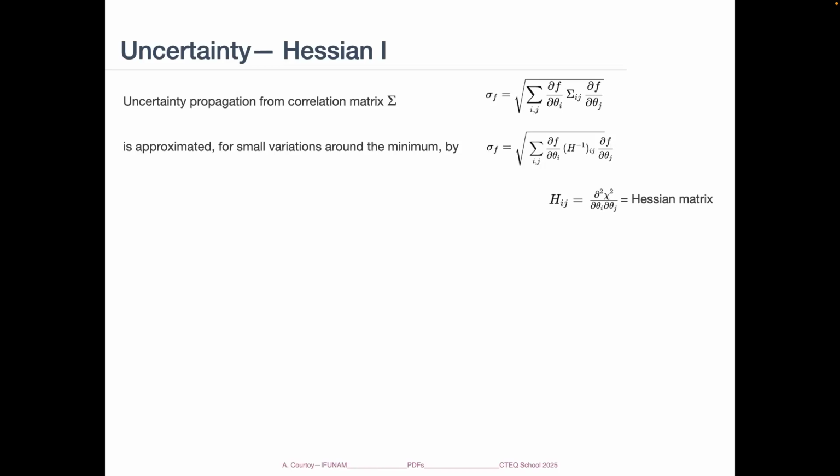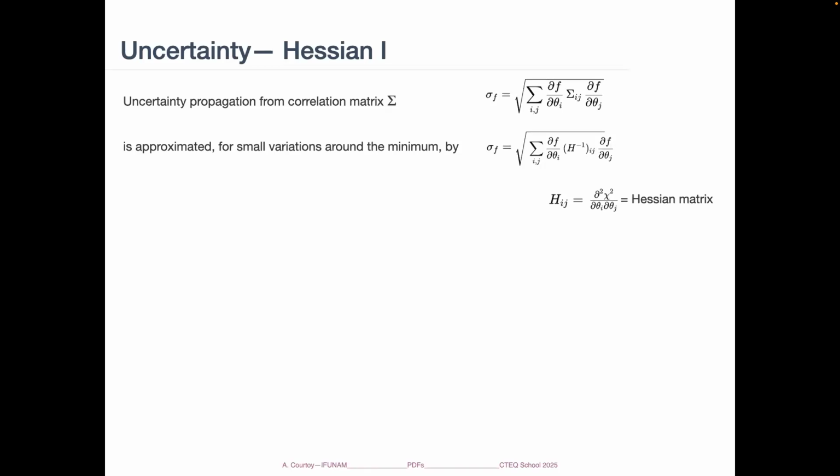Now, if you want to do it a bit more practically in the case of PDFs, you can go from this covariance matrix to the Hessian matrix, which defines this. That's the second derivative of the chi-square with respect to the parameters. And that works if you have small variations around the minimum. You stay in the quadratic approximation. You don't go too far, and you can do that.